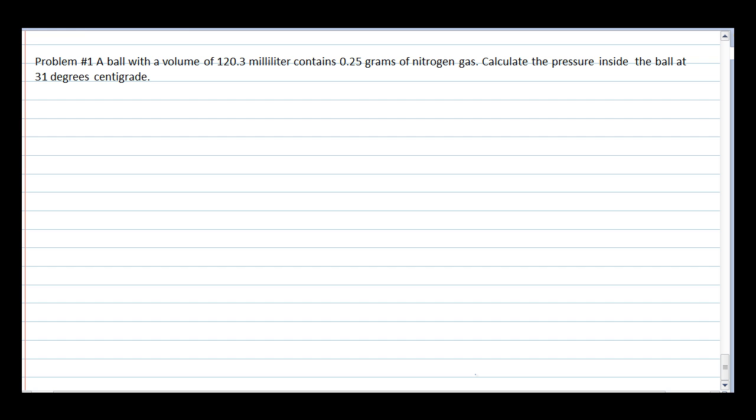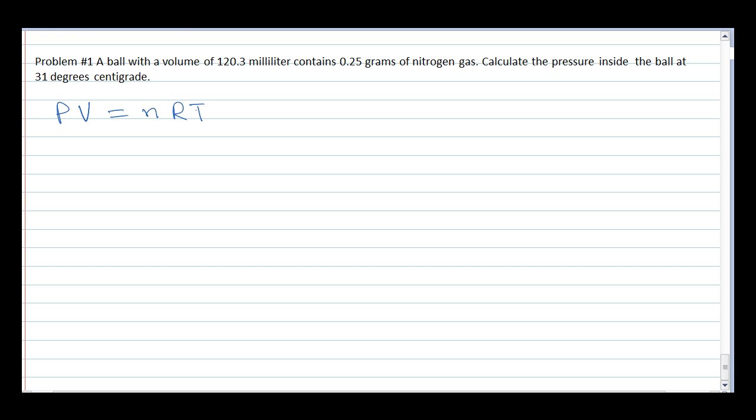So this is a problem in the ideal gas law. So the ideal gas law is PV equal to nRT. So let me write that. PV equal to nRT.